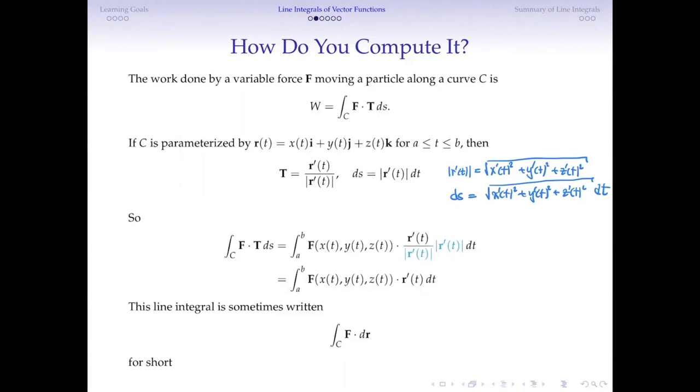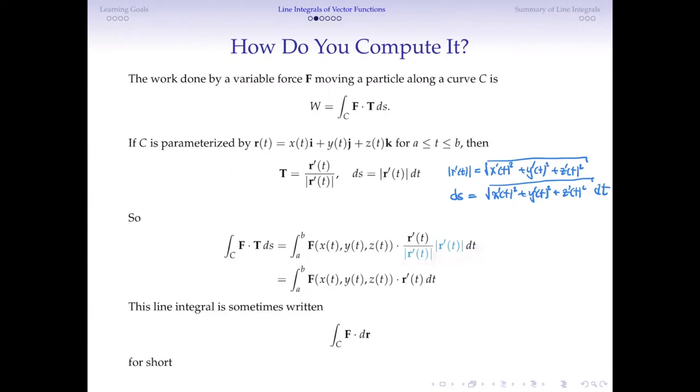When we go to compute the integral of a vector function over a curve, this is our formula for that integral. How do we do that? By parameterization. If the curve C has this parameterization for t running from a to b, then this integral is going to be the integral from a to b of F evaluated along the curve dot the unit tangent times ds.